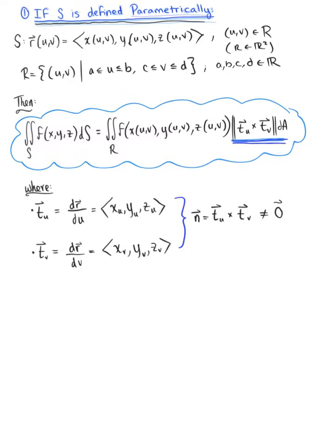So again, we are exploring right now where the surface area differential comes from. So that's our dS. Where does this come from?